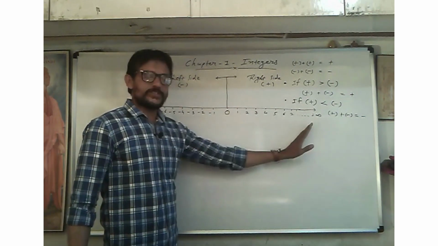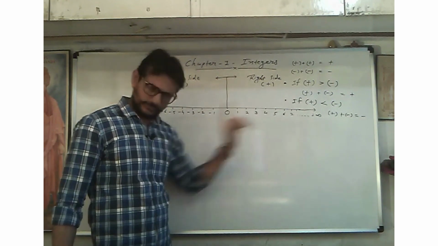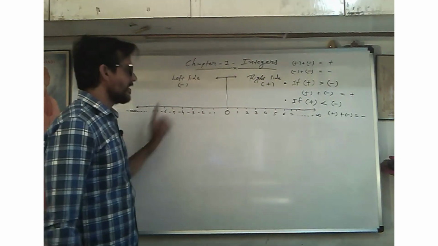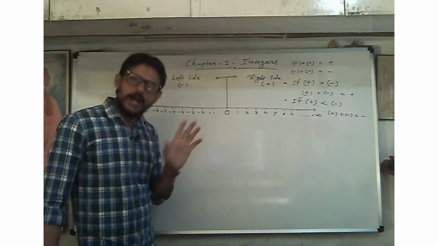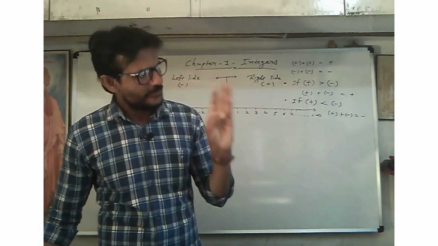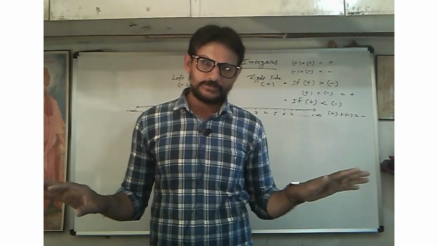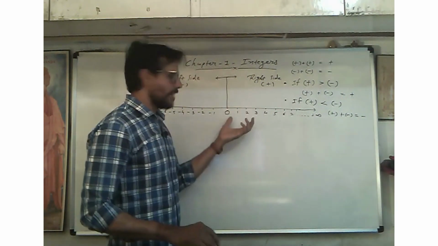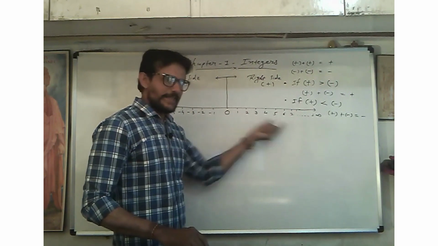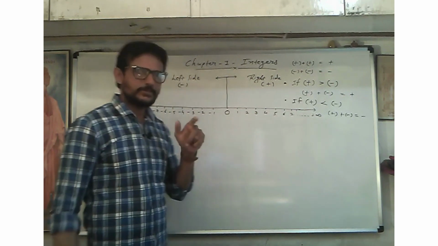Whole positive numbers, whole negative numbers, and 0 are integers. But condition: rational numbers, fraction numbers, decimal numbers are not integers. Clear? Now, when you add a positive integer, that means you are moving to the right side on the number line.